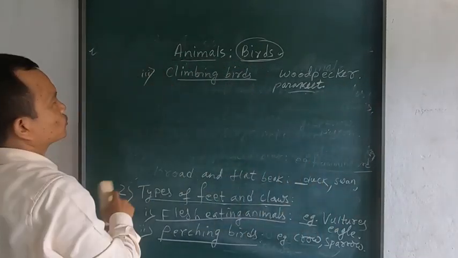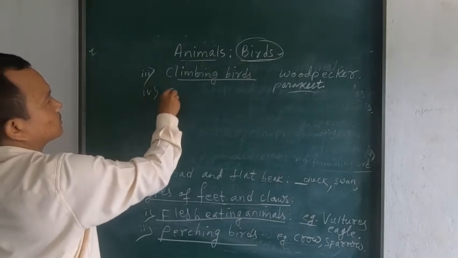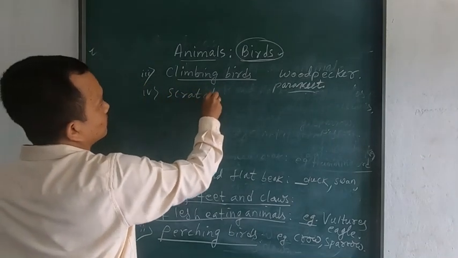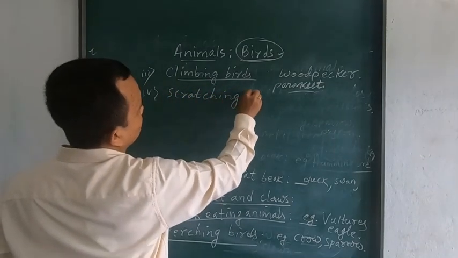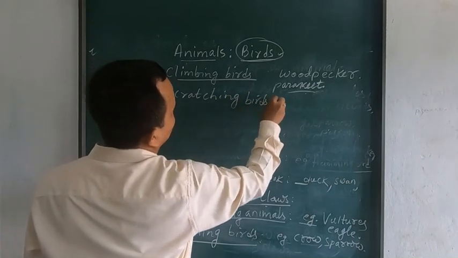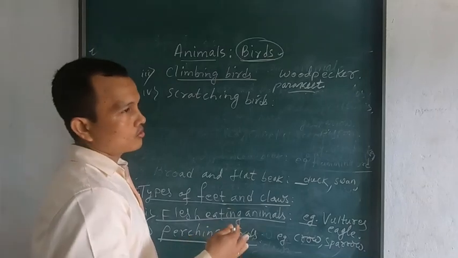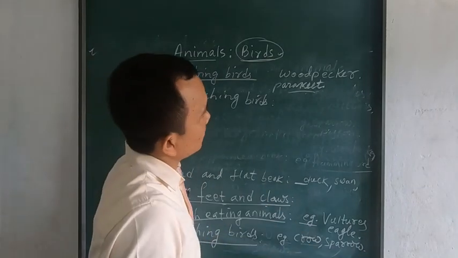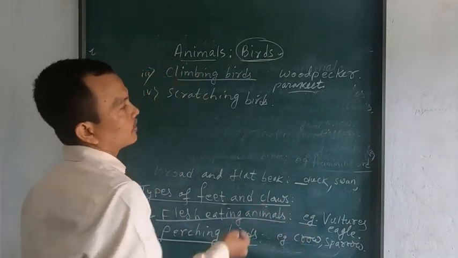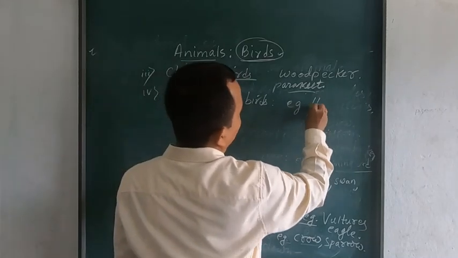And we also have scratching birds. Scratching birds usually use their claws to scratch the ground in order to take out insects or some worms. Example, hen or hens.